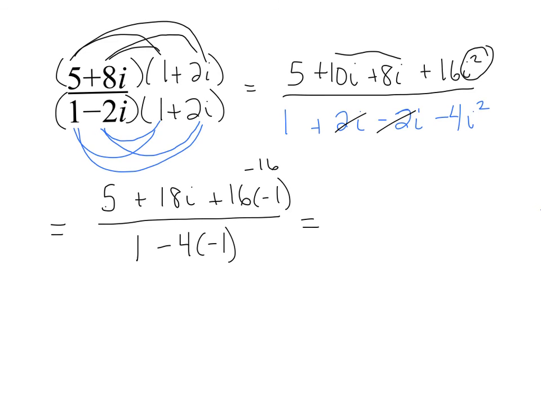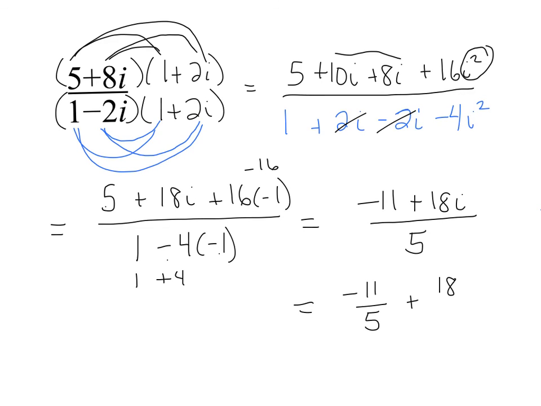So 5 minus 16 is negative 11 plus 18i over, this is 1, negative 4 times negative 1 is plus 4. So this is over 5. So this is my answer. It's got no i's. You could also write this as negative 11 over 5 plus 18i over 5, just by dividing them both by 5.